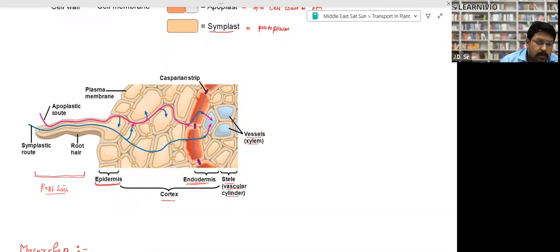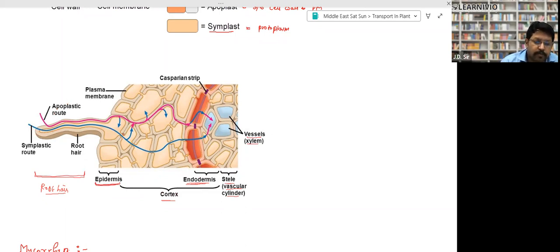Now, after that there is a cortex. This is endodermis. This is C, right? Vascular bundle, right? Xylem and phloem. These are the xylem which are meant for transport of the water. Now you can see here the water enters inside the root and enters inside the protoplasm, means vacuole.